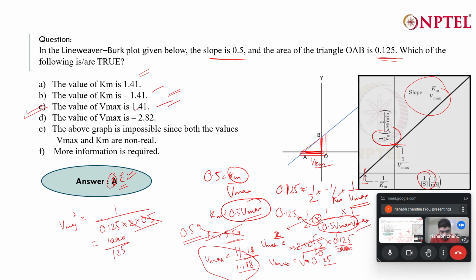If we calculate this, it comes out to be 8. And if we do the square root of 8, this is 2.42. Okay, so 2.42, and if we multiply this with 0.5, this will be 1.4.